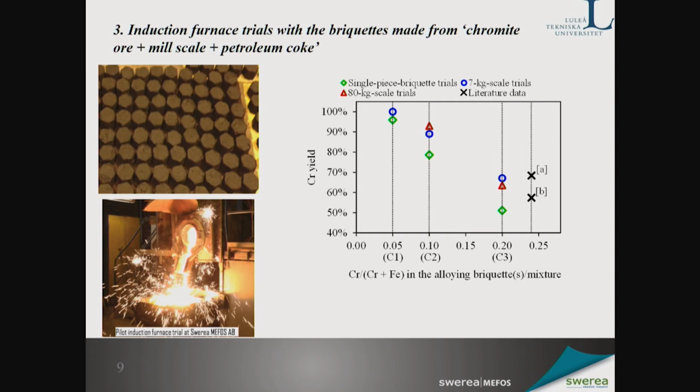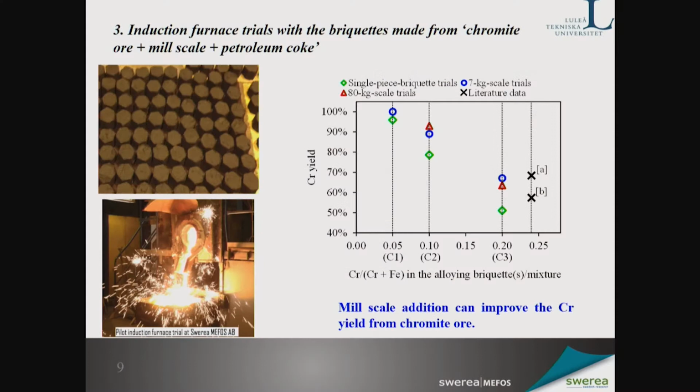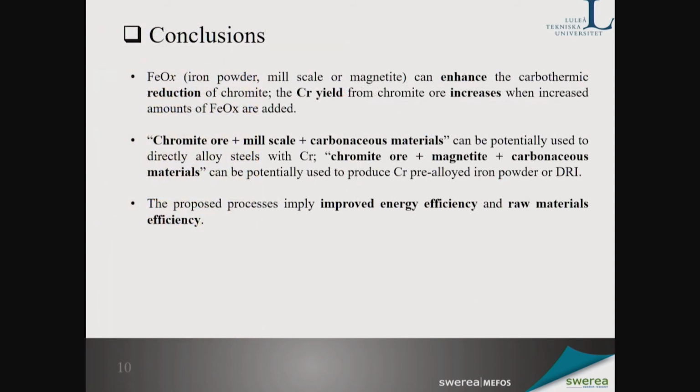And this is consistent with the small scale experiments. And I can tell that the mill scale addition can improve the chromium yield from the chromite ore. Finally, I can draw some conclusions.